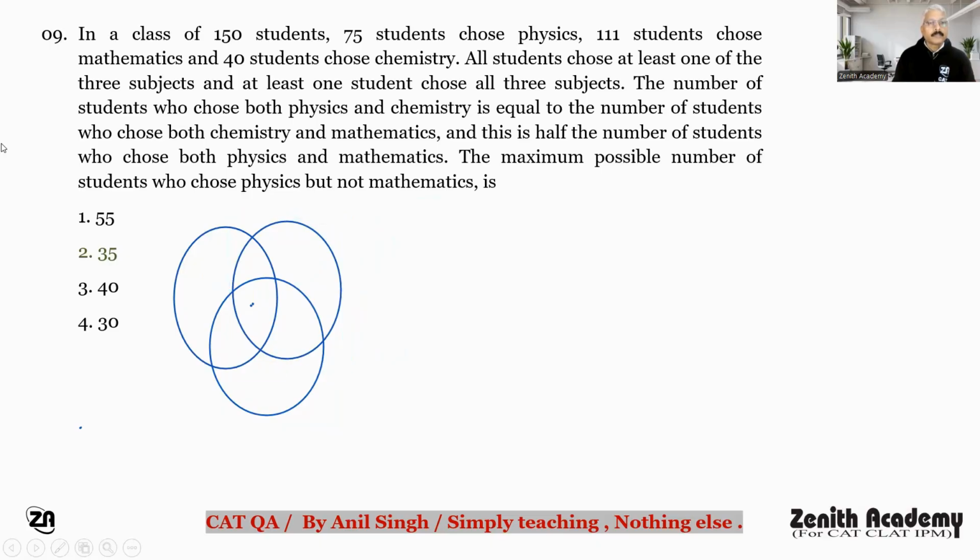So here, physics, math, chemistry. So total students 150, physics 75, and 111 mathematics, and 40 students chemistry.